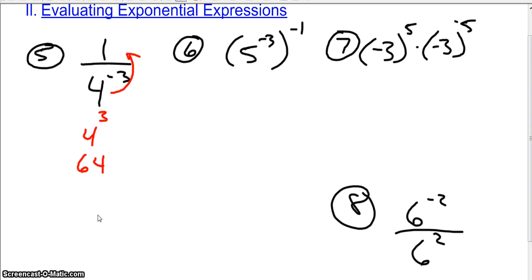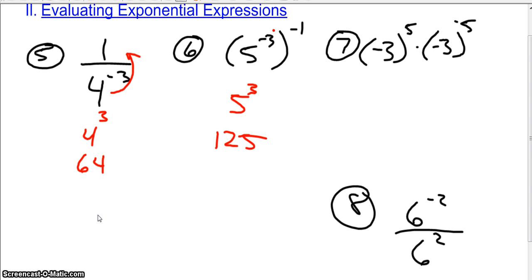When we have negative 3 to the negative 1, we can multiply those exponents, right? We should. And we end up with 5 to the third. So you don't even have to move that term around. Just apply your power of a power. And so 5 to the third, when we evaluate that, is 5 times 5 times 5, which is 125.